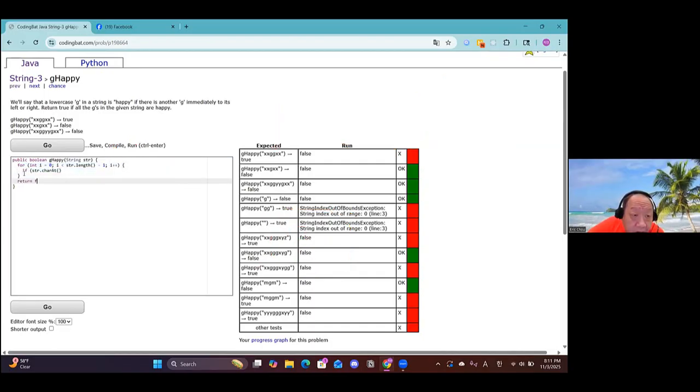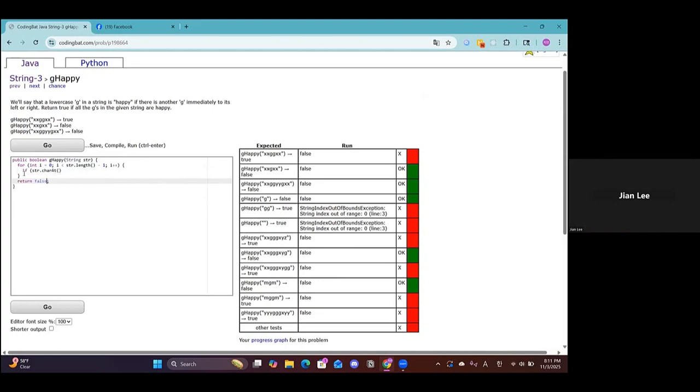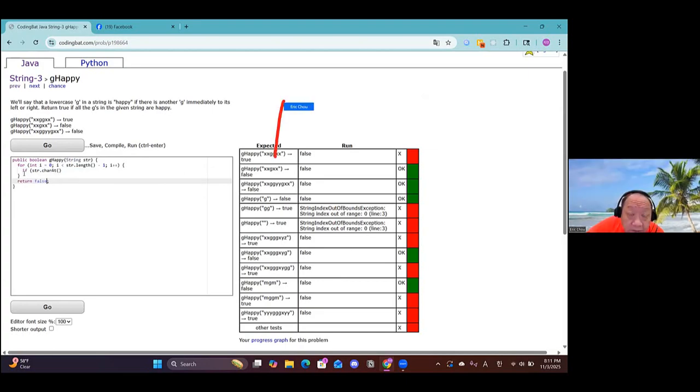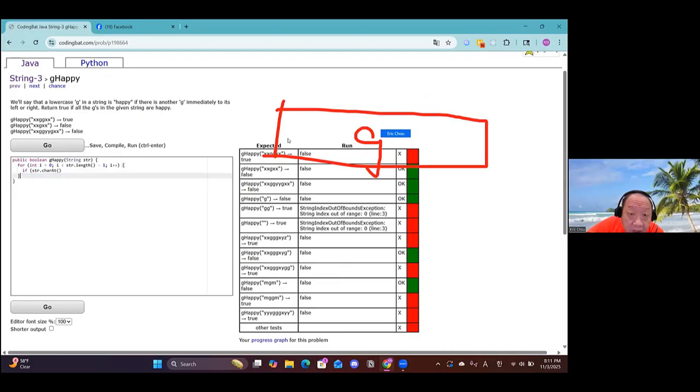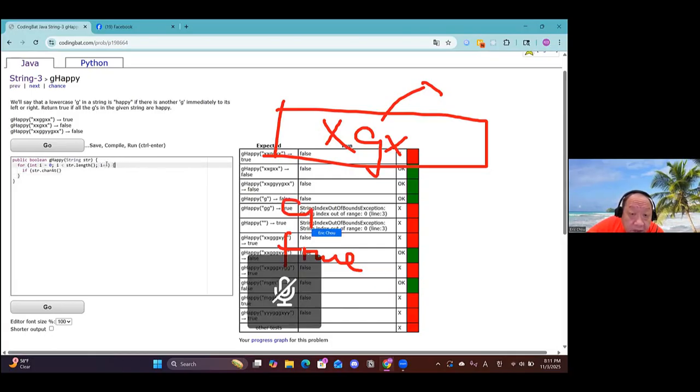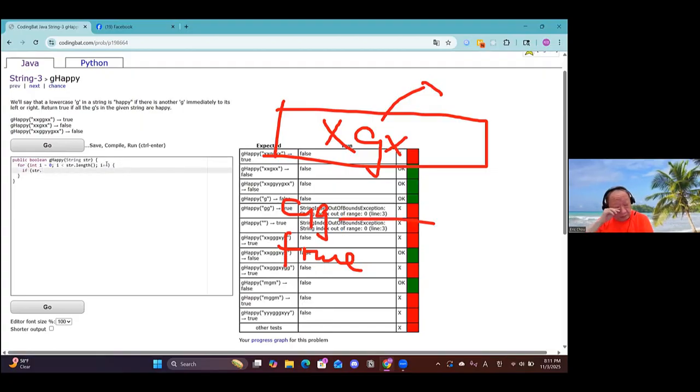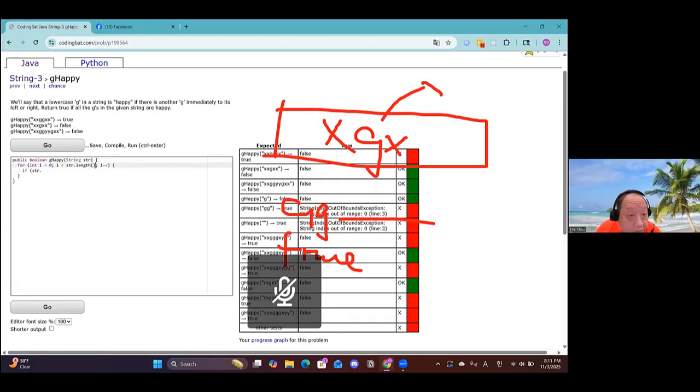Then return false. Okay. I told you, you want to find a G that actually has no neighbor, then you return false. Otherwise, you return true. That would be a better logic. Because if you prove everybody is happy, you cannot return. So this is not a window of two problem.